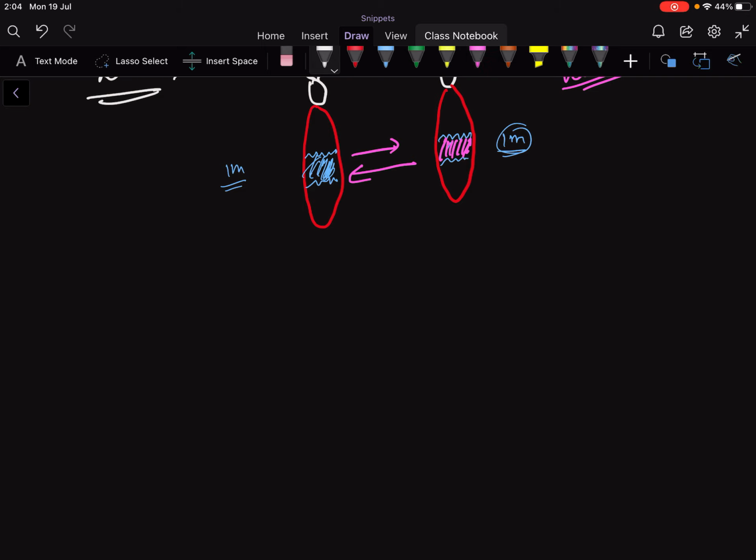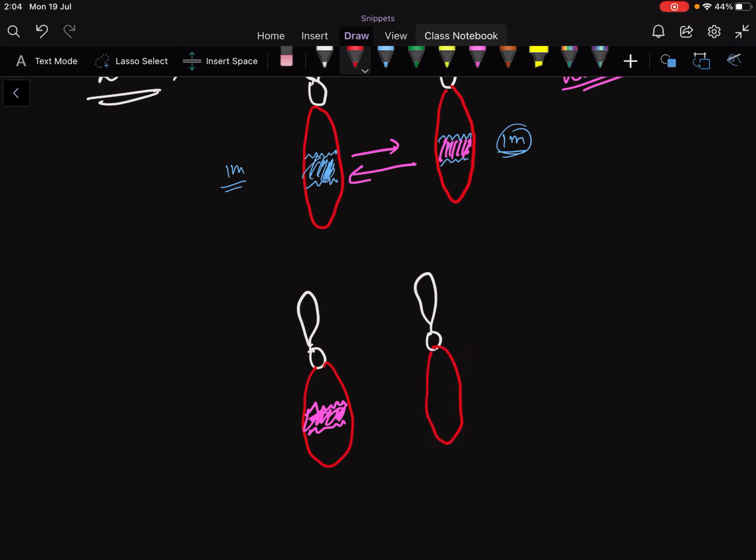What will happen to the new chromosome? Here is your short arm, here is your long arm, and there is genetic exchange here. This part is genetically exchanged, and here is another chromosome, which is also genetically exchanged with blue.